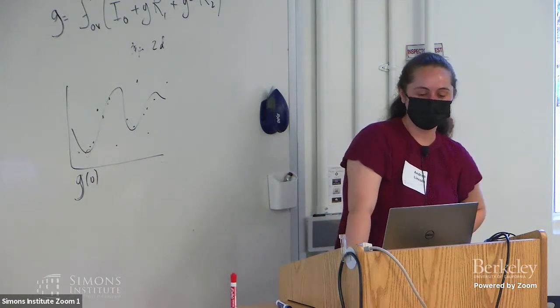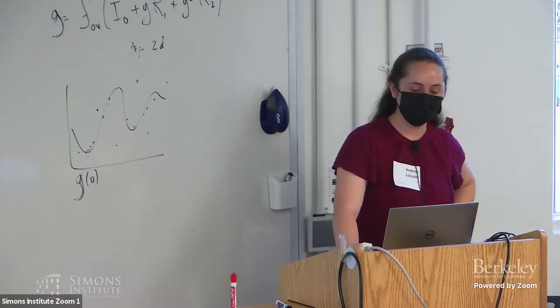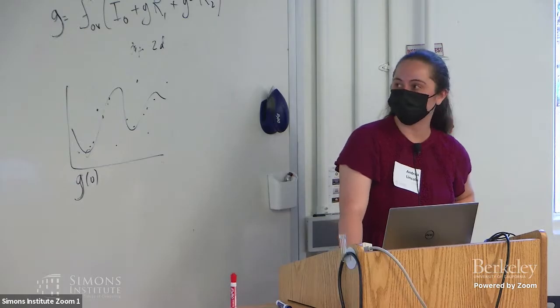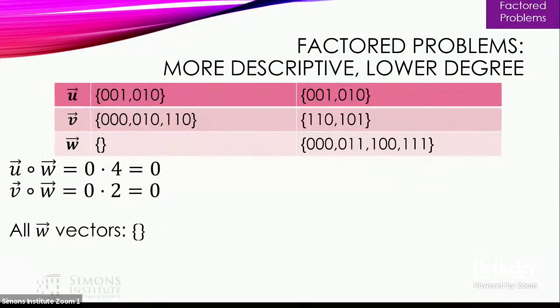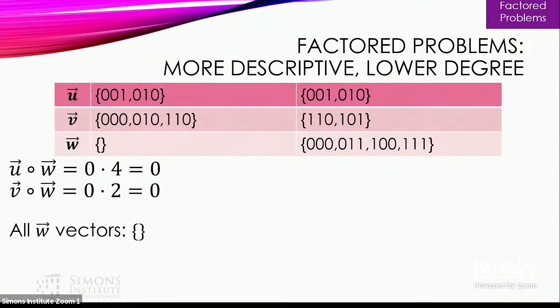So just a reminder, for the orthogonal vectors problem, we're given n vectors, they're 0, 1 vectors, and we want to return true if two of them have dot product 0. So here's the factored version. Instead of having these nice vectors, we have every vector represented by multiple sets, each of which include vectors of a particular length.